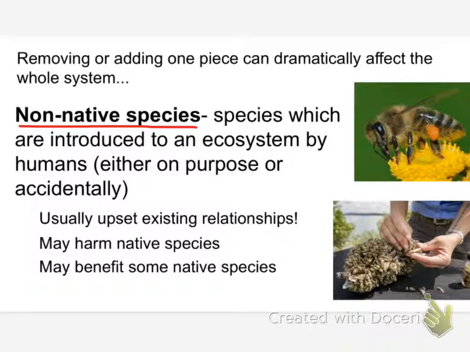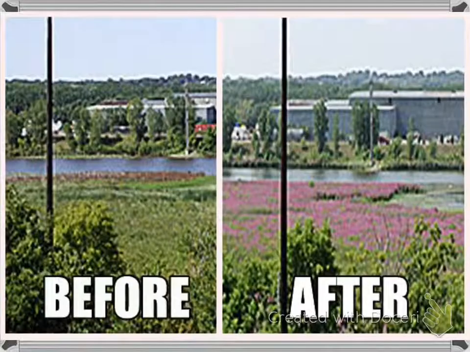So it's not just animals that get introduced. Check that out. So, isn't that pretty? There's a problem. That's a plant called purple loosestrife. And it loves marshes, swamps, and wetlands. Does really well in those environments.